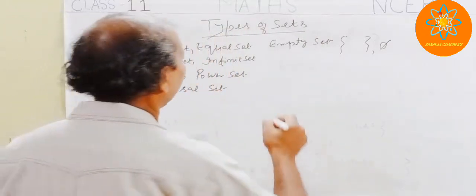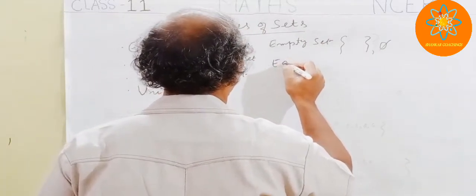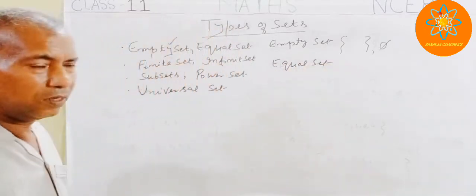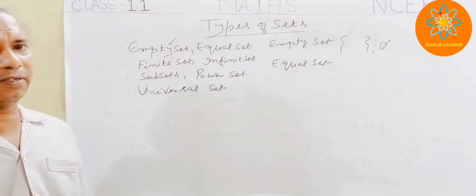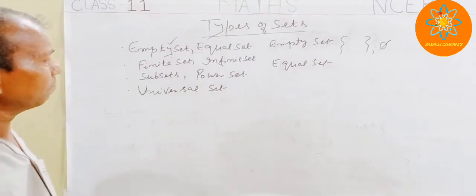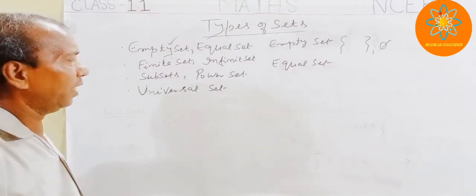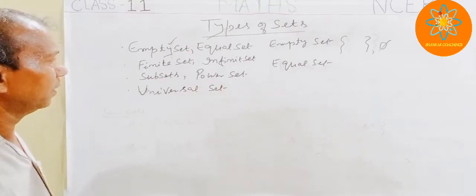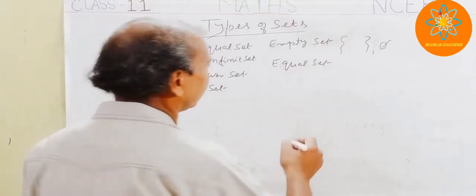The next one is equal set. Equal set means what? If two sets are given and every member of set A is also a member of set B, then that is called the equal set.